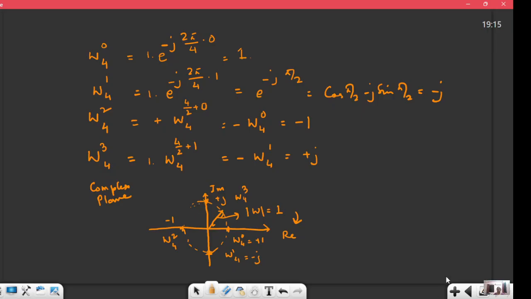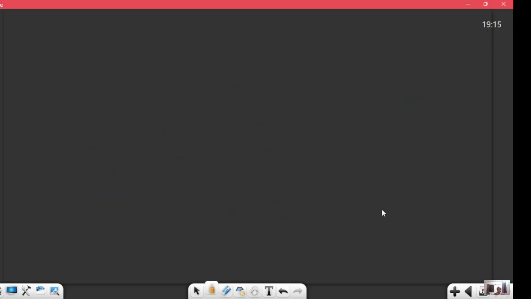Now let us find out some reductions. To reduce W89: when the power of the Twiddle factor exceeds the base, we can apply the periodicity property. So we can write the power as 8 plus 1.